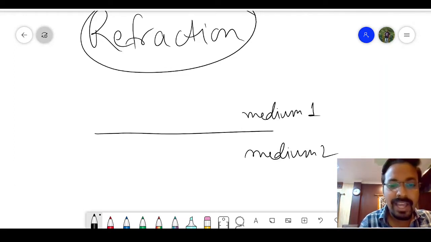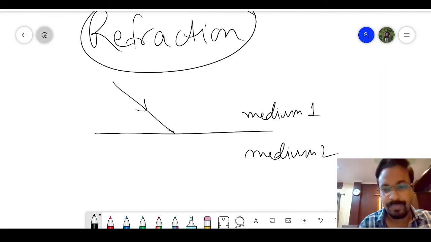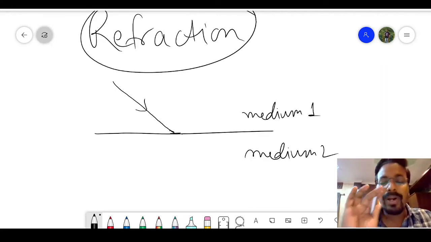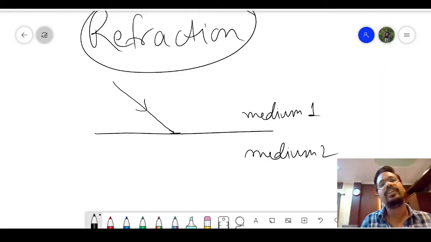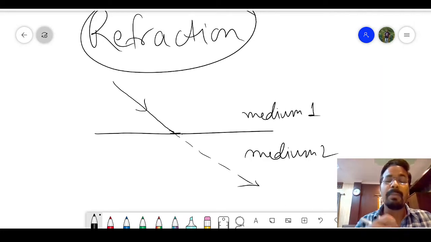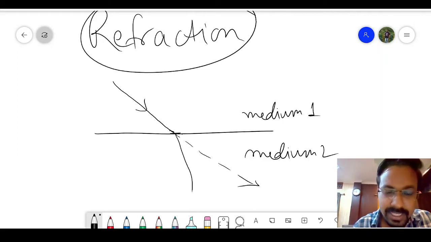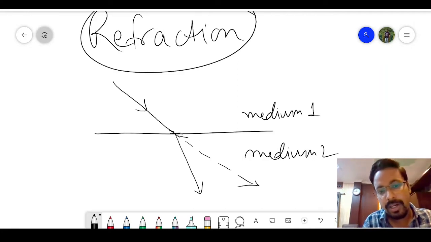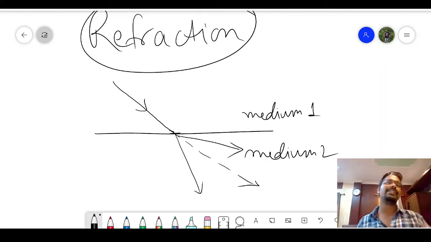Now if you have a ray of light coming in from medium 1 and hitting medium 2 at the boundary between the two mediums, suppose there is no refraction, what will happen? The light will move directly in the same direction. But because of refraction, it will change its direction. It will either move in this direction or in this direction, depending upon the density of the medium.